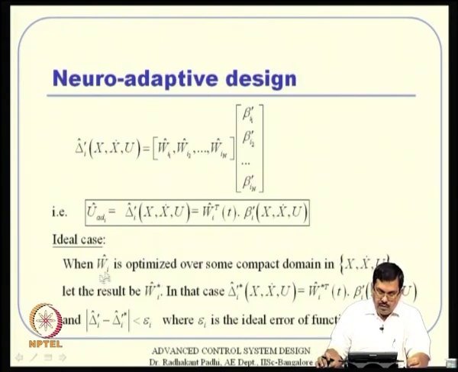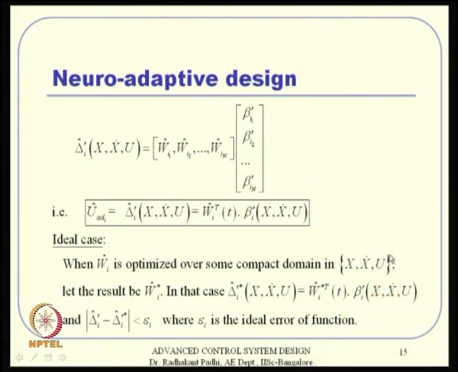In the ideal case, when Wi hat is optimized over some compact domain, remember neural networks typically want a compact domain. As we discussed in Lyapunov theory some time back, the domain needs to be both closed and bounded. Only then are neural network approximations valid. The universal function approximation theory for neural networks is valid only in a compact domain.